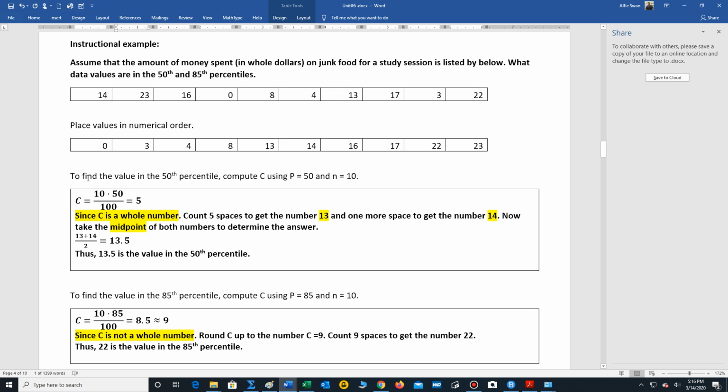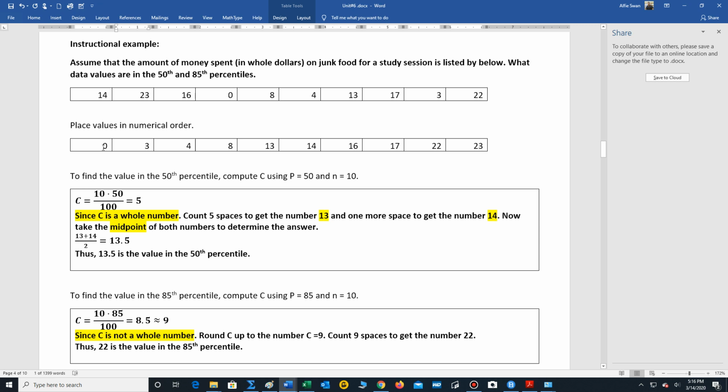Our next step is we need to find the data value in the 50th percentile. So when we compute C, P will be equal to 50 and N will be equal to 10 because we have 10 data values. We insert that into our formula for C, and we come up with the whole number 5. So that means that we're going to have to count 5 spaces and write down that number.